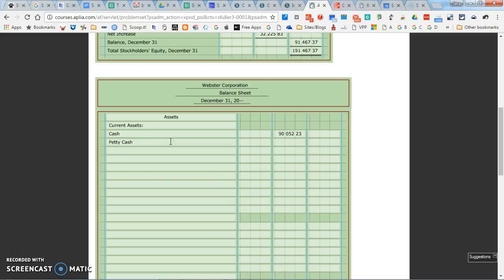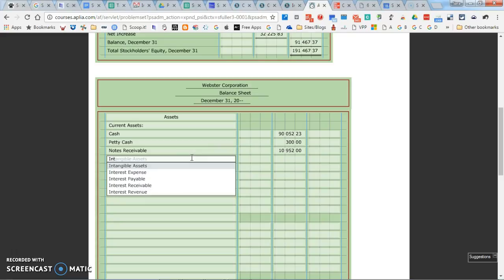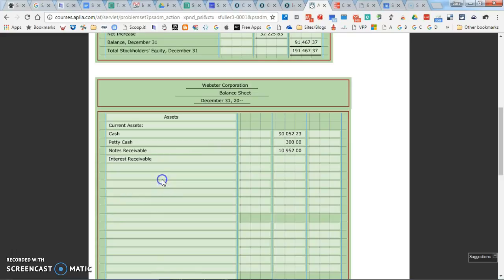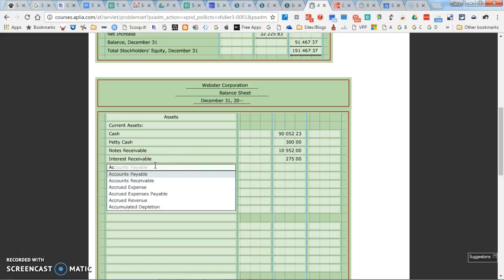Next is petty cash. Middle column, $300. Next, notes receivable. Middle column, $10,952. Next is interest receivable, $275. Then we have accounts receivable.